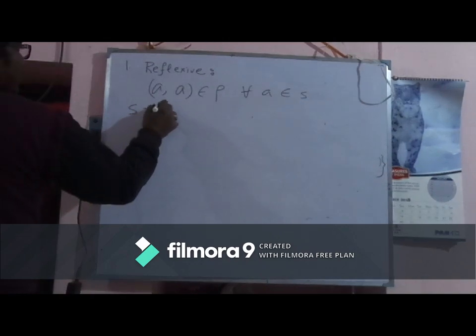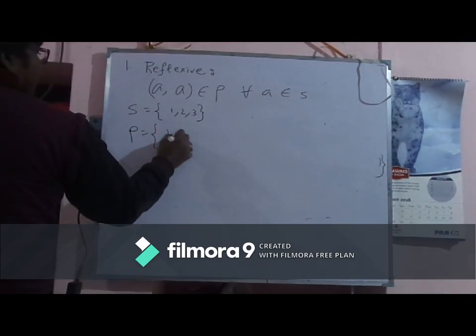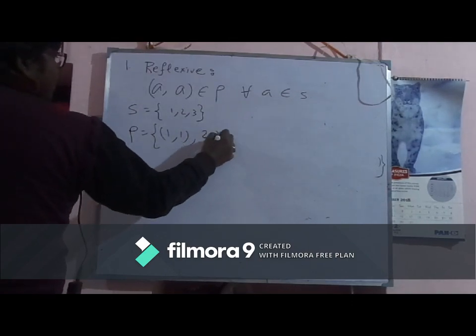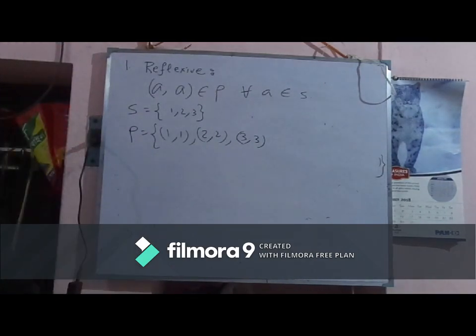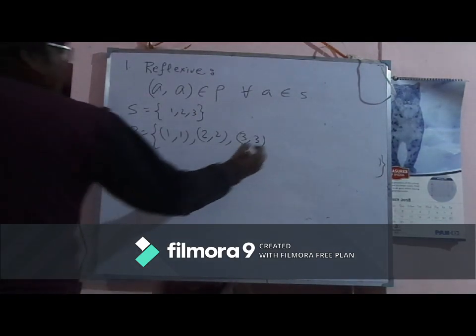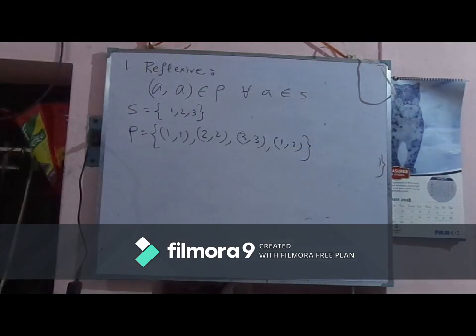For example, if we take A equal to {1, 2, 3} and rho equal to {(1,1), (2,2), (3,3), (1,2)}, then this is a reflexive relation.